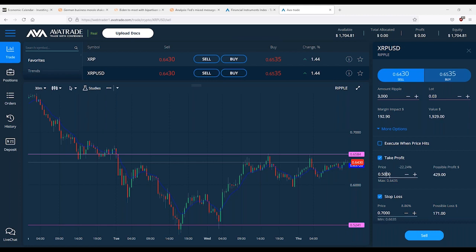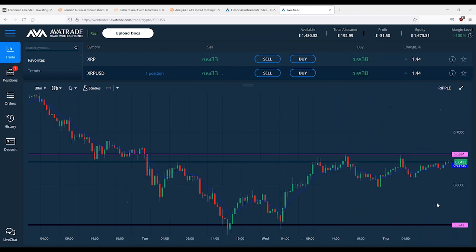Okay, so I draw my line and I say, okay, let me adjust this. 52. I still have 2-to-1 potential profit to risk. So maybe I like that idea and I sell. Okay, just as an example, this is based on the technical analysis and understanding the fundamentals behind what's happening as well.